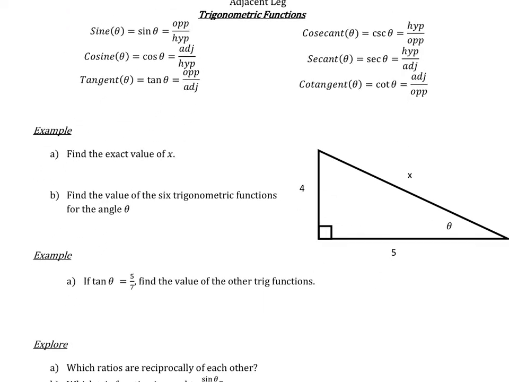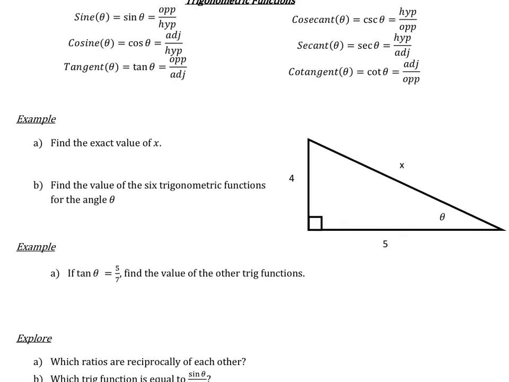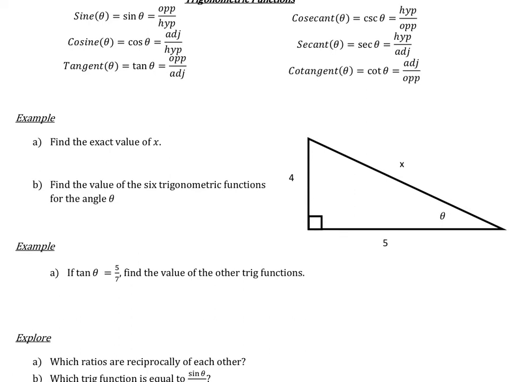And so we want to find these values of a given angle. Here we have an angle. I don't know what it is. It's theta, it's unknown. I think we can find x, though, because it's a right triangle. So let's try some Pythagorean theorem. We know 4 squared plus 5 squared equals x squared. Is it a 3, 4, 5 right triangle?